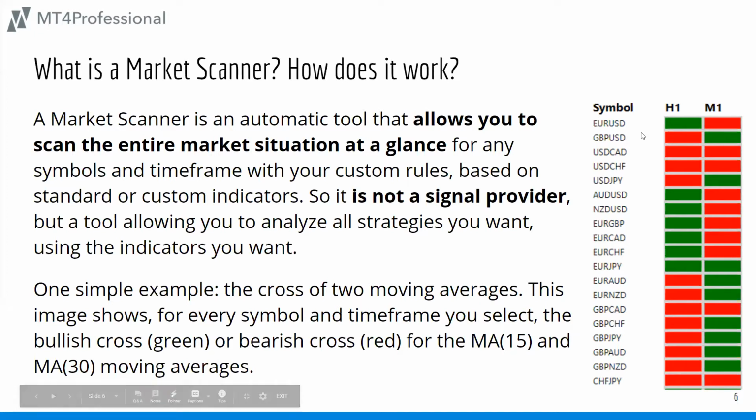The idea behind using this is that through backtesting, you can very easily see the criteria that you need in order to make a profitable trade strategy based upon the time frames and the setups that you have on this. So that's basically what a market scanner does for you. It'll very quickly go through all the symbols you're interested in and tell you the bullish or bearish nature of that setup.